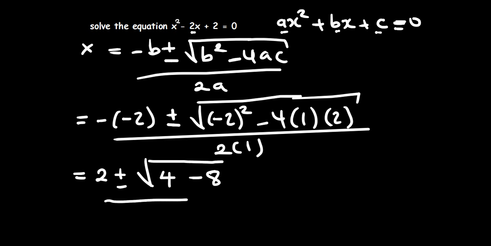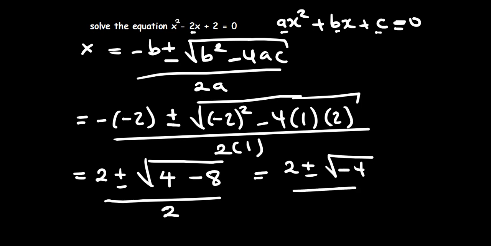Then divided by 2. Inside there you get 2, so we have 2 outside, plus or minus, then negative 4 divided by 2. From here, what can we do? This is going to be equal to 2 plus or minus.